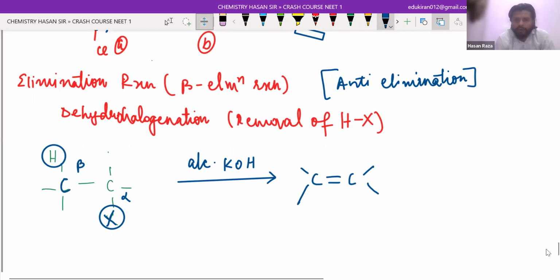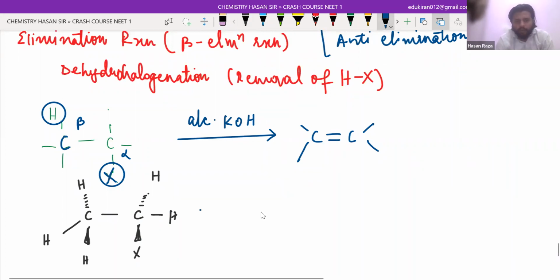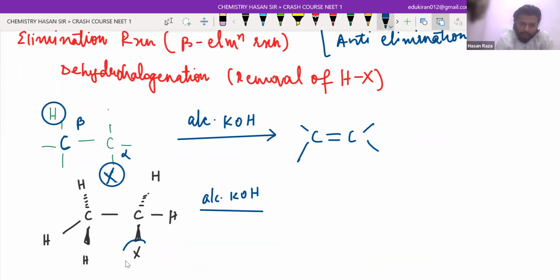Now, what I told you is that it is anti-elimination. What does this mean? If this is your scenario, hydrogen is there, and then this hydrogen, and then this hydrogen. And if you make it like this, with X and this hydrogen and this hydrogen. Now, I told you the reaction is anti-elimination. That means you are removing X, which is on the solid wedge.